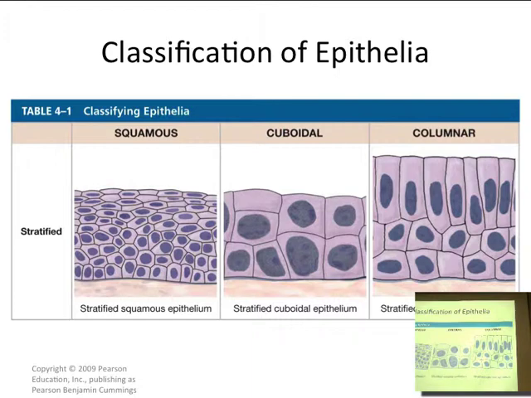So we have stratified squamous epithelium. These are layers of squashed cells. There is cuboidal, stratified cuboidal. So it's basically stacks of cubic blocks. And then there is stratified columnar, long, thin cells that are stacked in many layers.